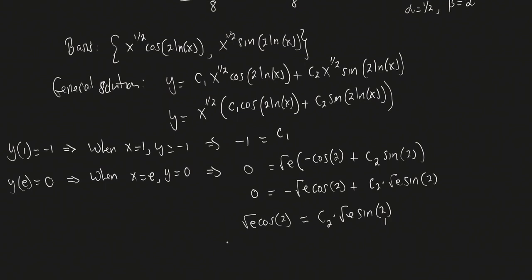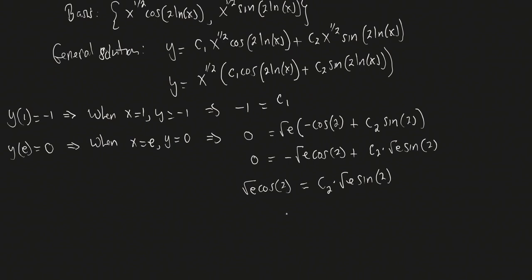Well, that works out nicely because the root e goes away, but I have the cosine of 2 divided by the sine of 2, which I am just going to write as the cotangent of 2. So that's the constant c2.